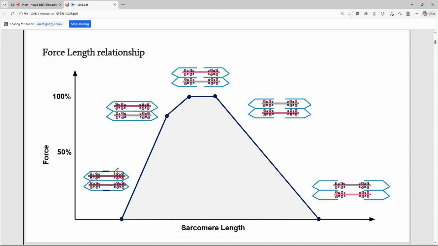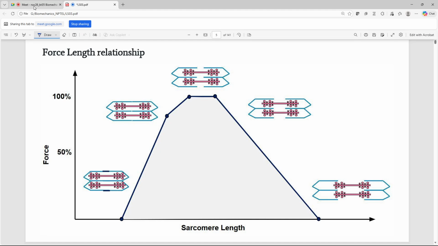When the filaments have completely slid over each other, when the sarcomere length is very reduced, the force will be less, and the force varies according to the length of the sarcomere. This is one hot topic that will be there in the final exams for this course actually.